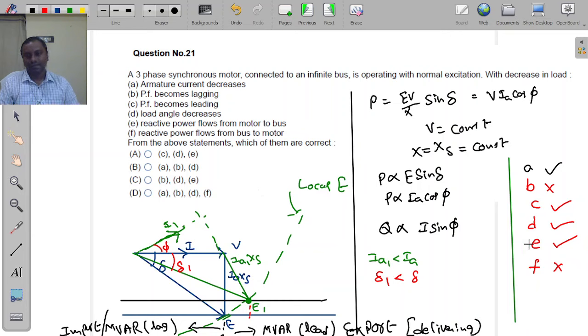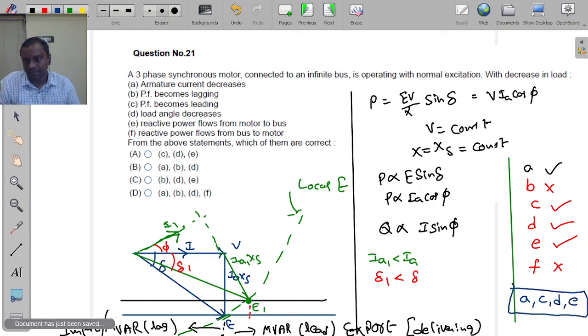So the correct answer is A, C, D, E. This is the correct answer. But among the options they have given, C, D, E is given. A is missing. From the above statements, which of them are correct?